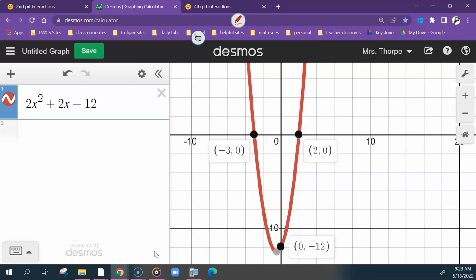They'll do like 0, negative 3, 0, 2, negative 12, 0 to see if you know which ones are which. Wait, so you have to put them in their own parentheses? Like negative 3, 0 in parentheses, comma, and 2, 0 in parentheses. If it was a type in answer, then yes. If it was a choose all, they'll be written already.